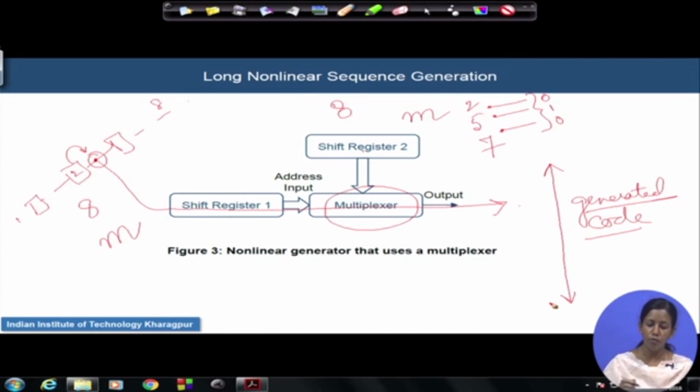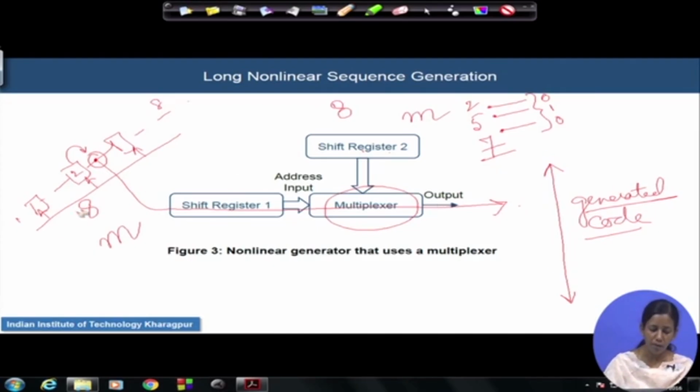So, either you keep on sticking to the typical address in shift register 2 and pick a typical stage output, and on the continuous arrival of the clock pulse, keep on checking that output and pass that output through the multiplexer and generate the codes.